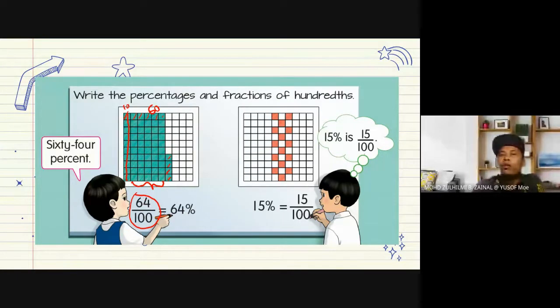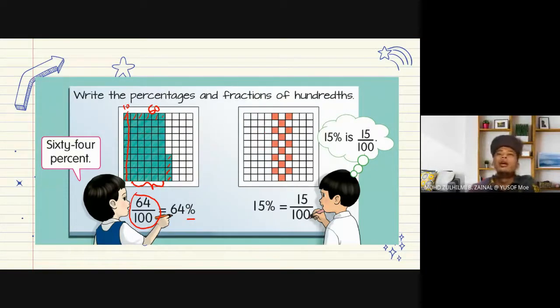Then you convert the fraction of 100 into percent, which is you just put the symbol je. Symbol percentage tu. So 64%. That's all. And then the other one, 15.